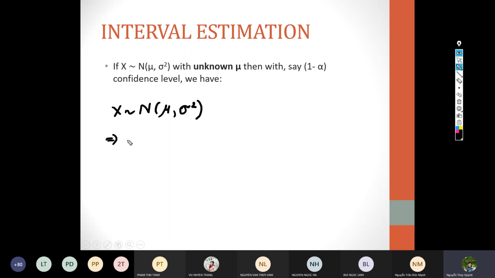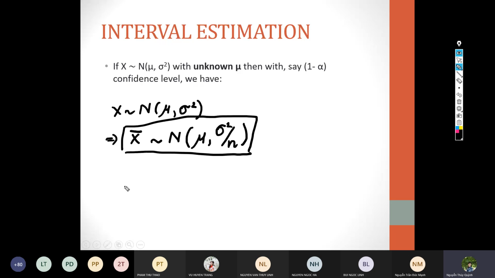And from the central limit theorem, we have the sample mean of x following a normal distribution with expected value mu and variance sigma squared divided by n. Now we will take advantage of this.